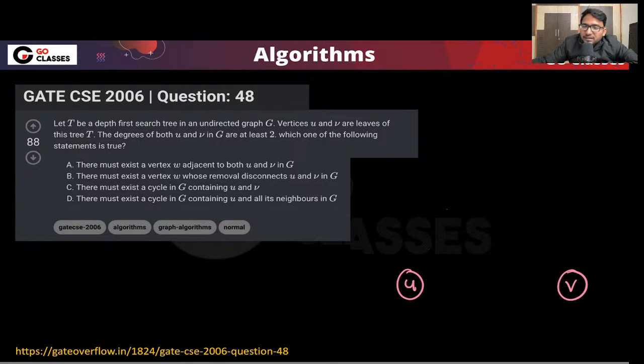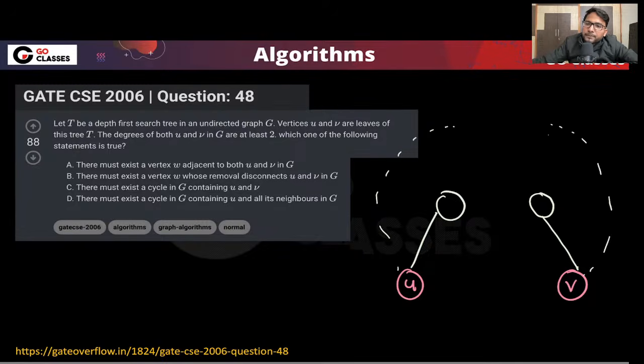Now they are saying that the degree of U and degree of V are at least 2 and 2, which means this U must be having some connection somewhere, and this must also be having some connection, right?